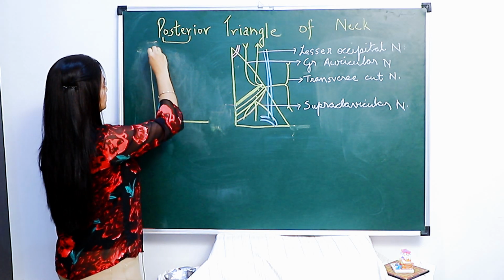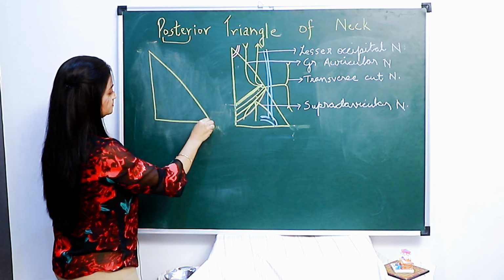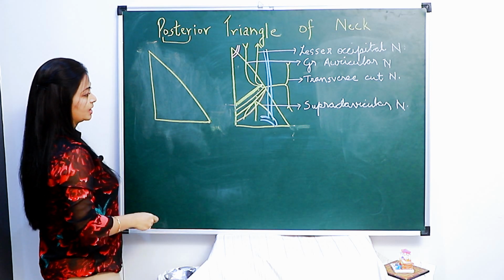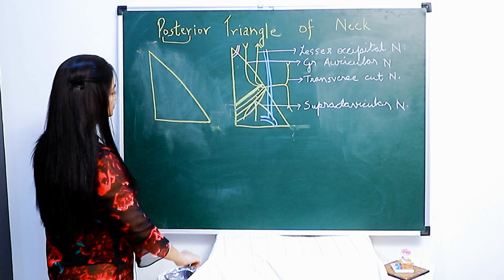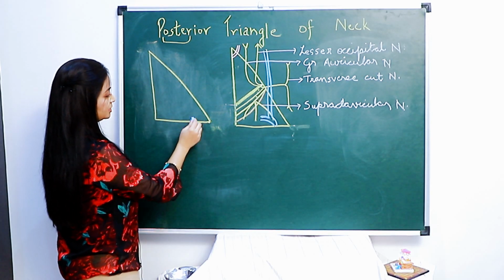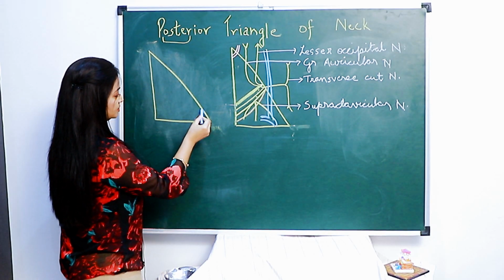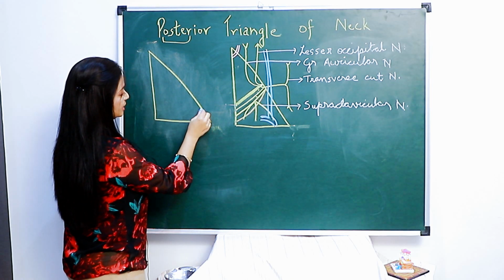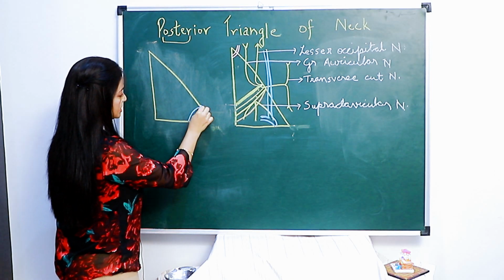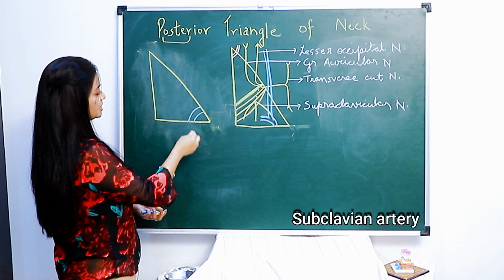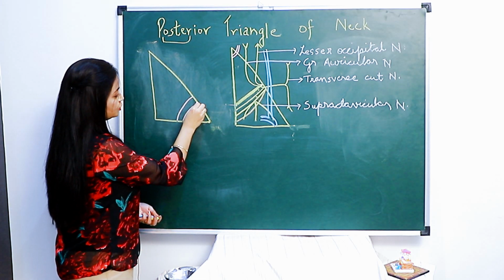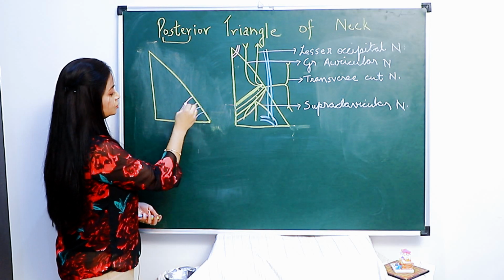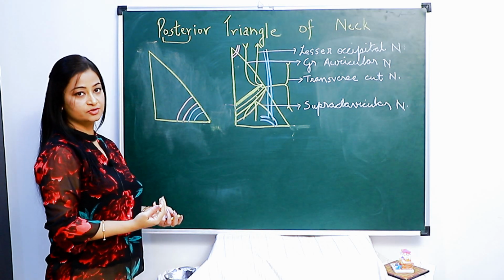So this is your posterior triangle, and the supraclavicular triangle lies here in the lower part, where the main contents are the subclavian vessels, that is the subclavian vein and the subclavian artery, because of which it is also known as the subclavian triangle.